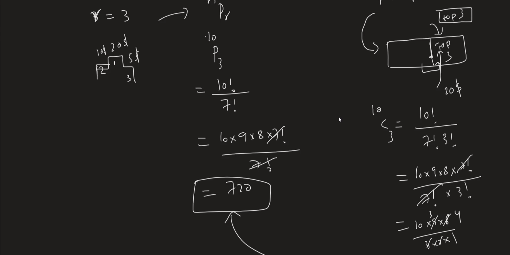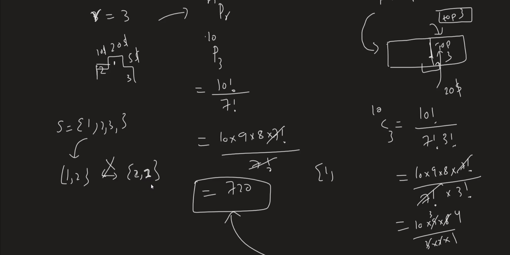So that was about the difference between permutation and combination. And secondly, we also discussed that order matters. If let's say S is equal to 1, 2, and 3, one of their permutations will be 1, 2, and it's different than 2, 1.